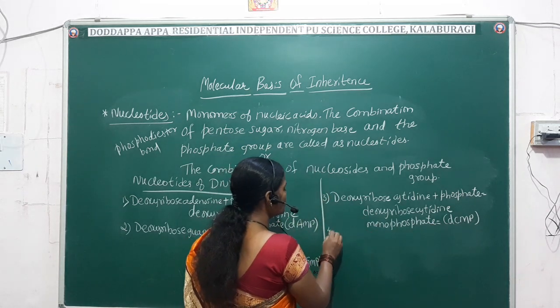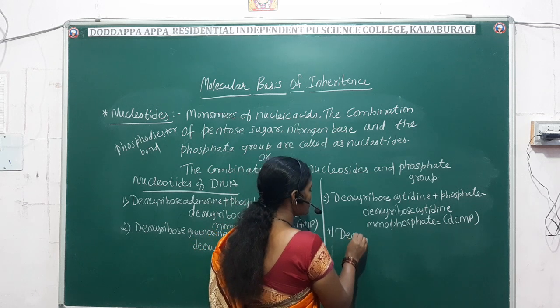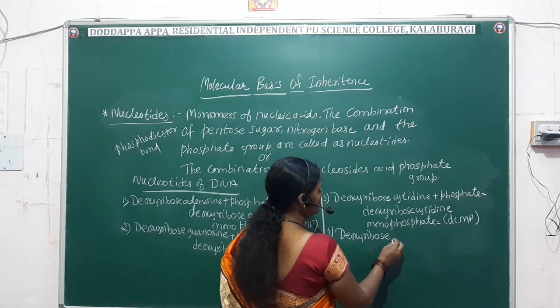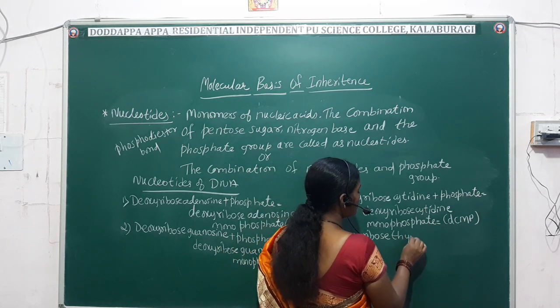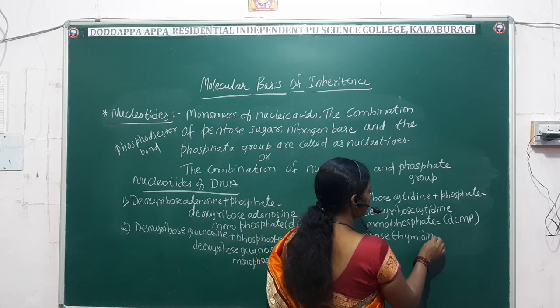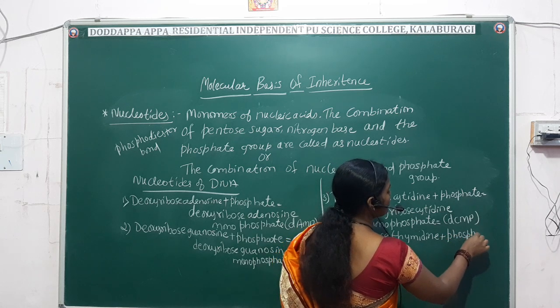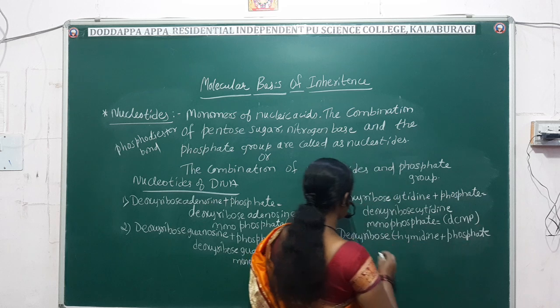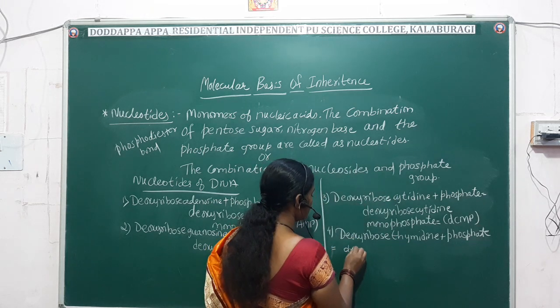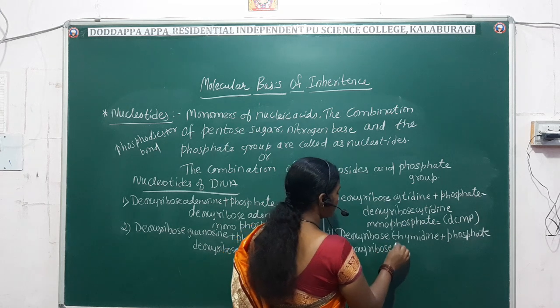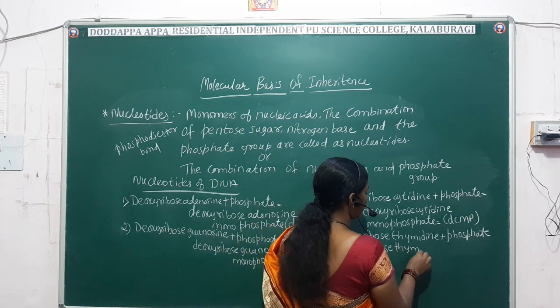Then the fourth one, deoxyribose thymidine. Because it is the nucleotide of DNA, we have to write thymidine here. Deoxyribose thymidine plus phosphate is equal to deoxyribose thymidine monophosphate.